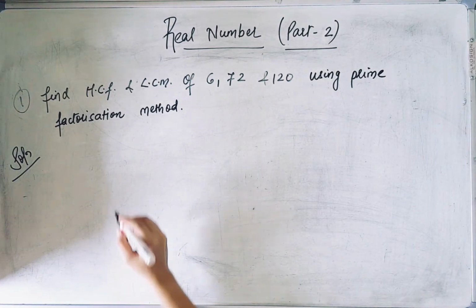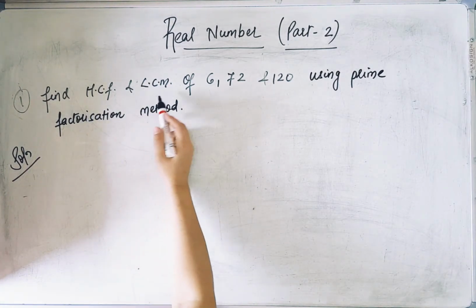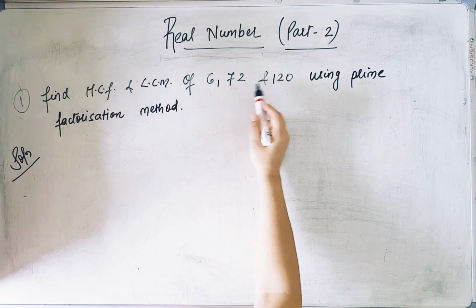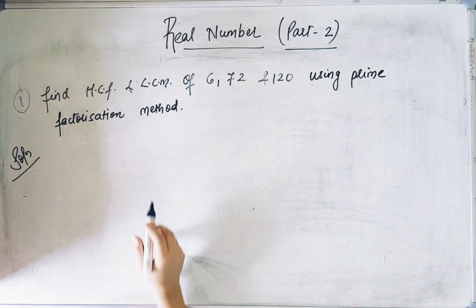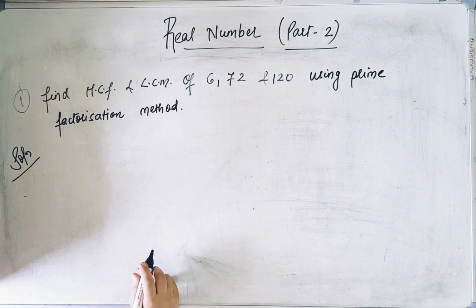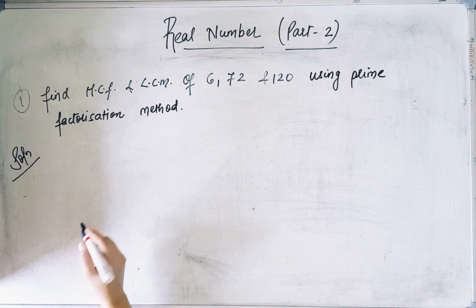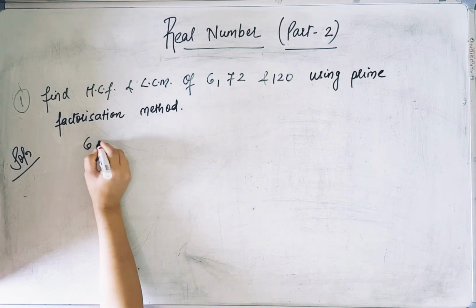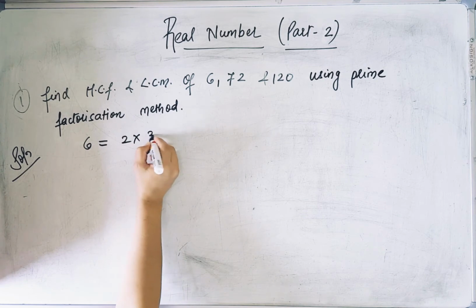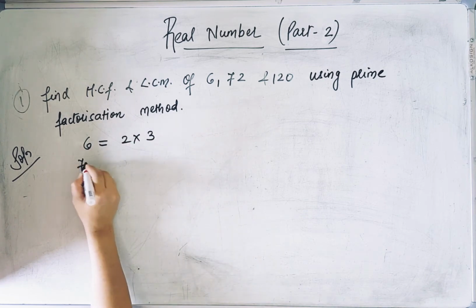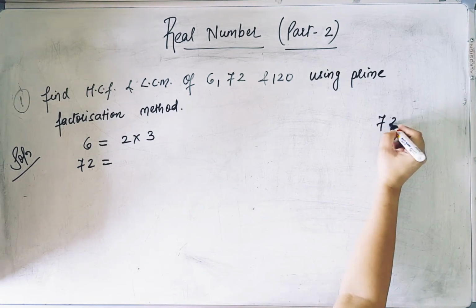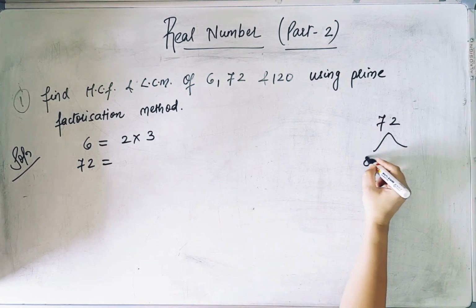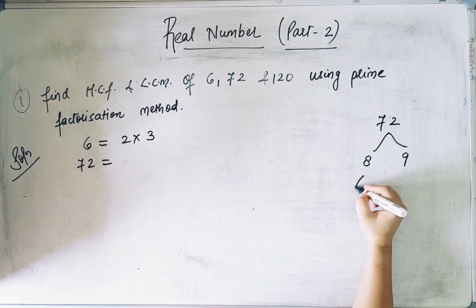So the question is, find HCF and LCM of 6, 72 and 120 using the prime factorization method. So first of all we'll take out the factors of 6. The factors of 6 will be 2 into 3. If we take out the prime factors of 72, we know 8 into 9 is 72.